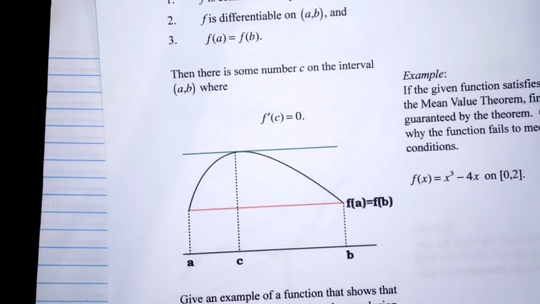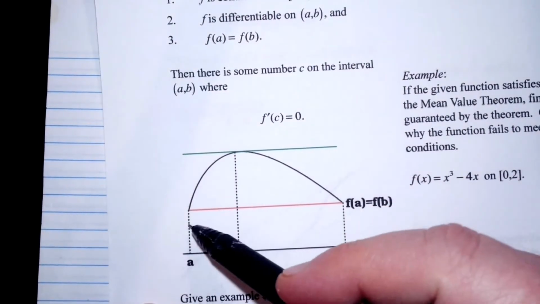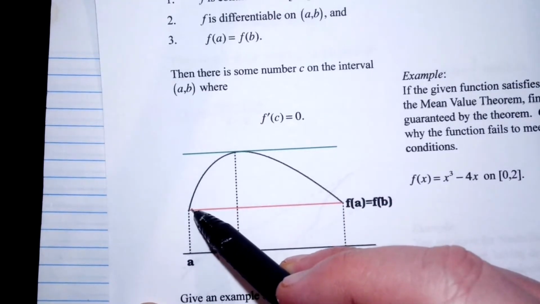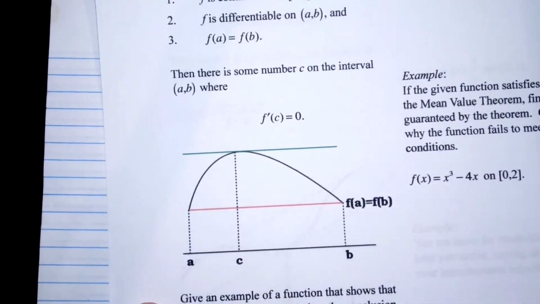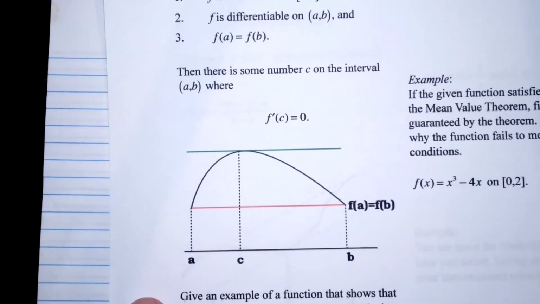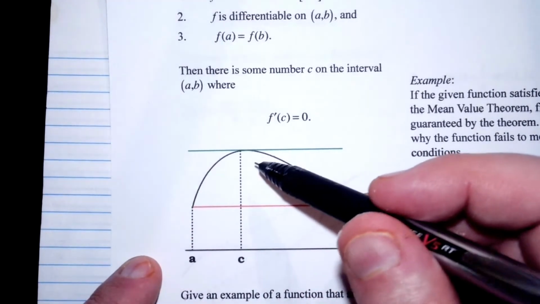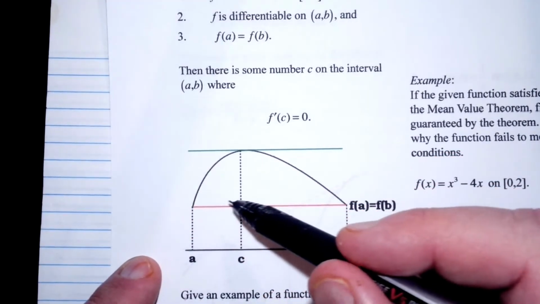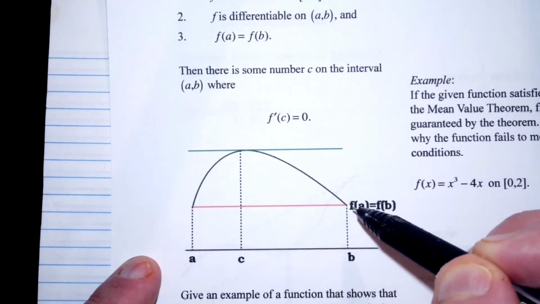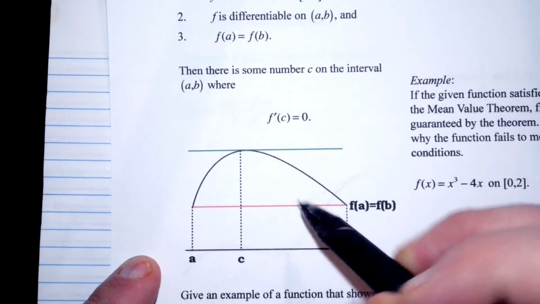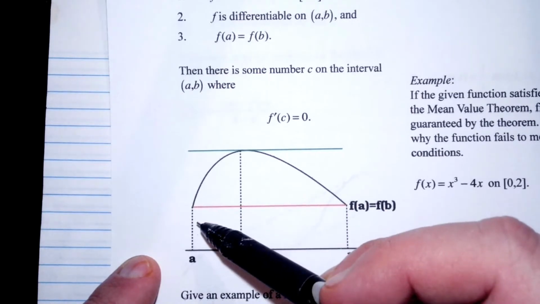So here's a diagram. First of all, we have that the function is continuous on the closed interval from a to b. It may not be differentiable at the endpoints, but we also have that f of a equals f of b, so these y-coordinates are the same. Well, if the graph went straight across, then there would be plenty of places where the derivative was 0. But what if the graph doesn't go straight across?